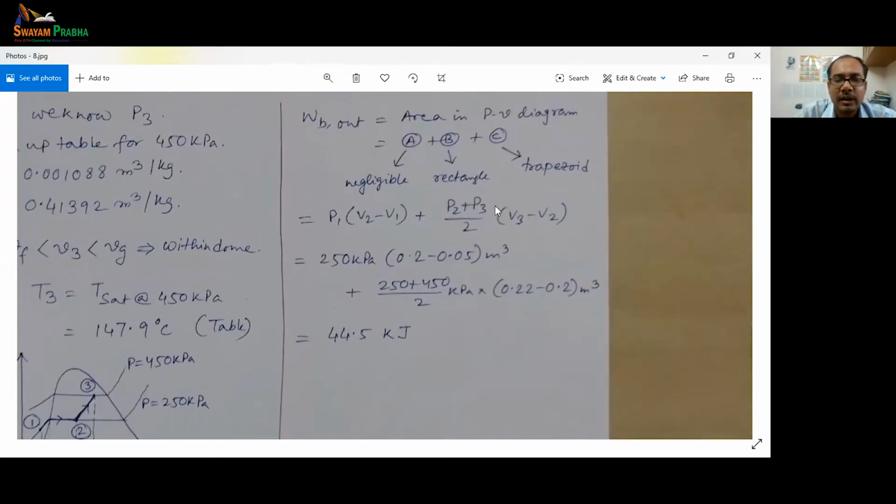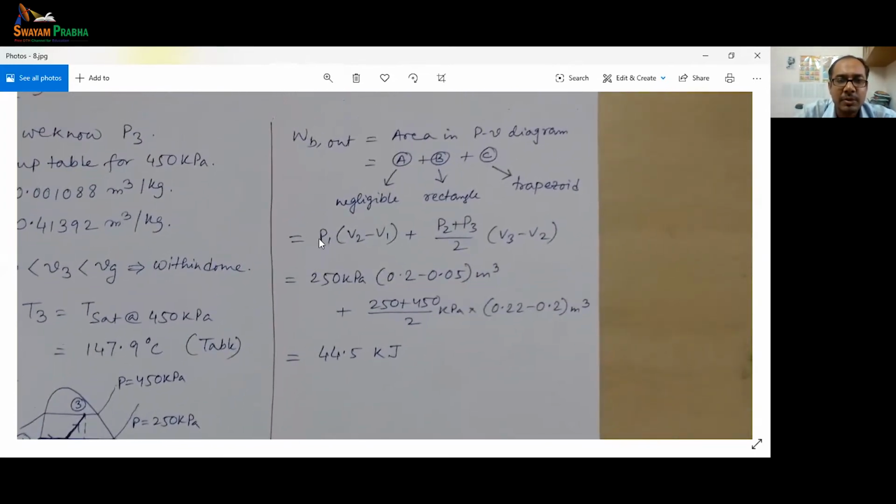And for the rectangular area, how can we find it? It will be P1 into V2 minus V1. This is the change in volume and this is a constant pressure process. So P1 into V2 minus V1 will be the area under the curve designated as B. And the C part will be a trapezoid.